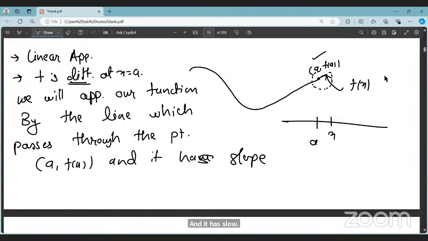We use the knowledge of differentiability at the point x equals a, and we say we will approximate our function via a line which passes through the point a comma f of a, which has slope f dash of a, right? Because that will be the slope of the tangent.